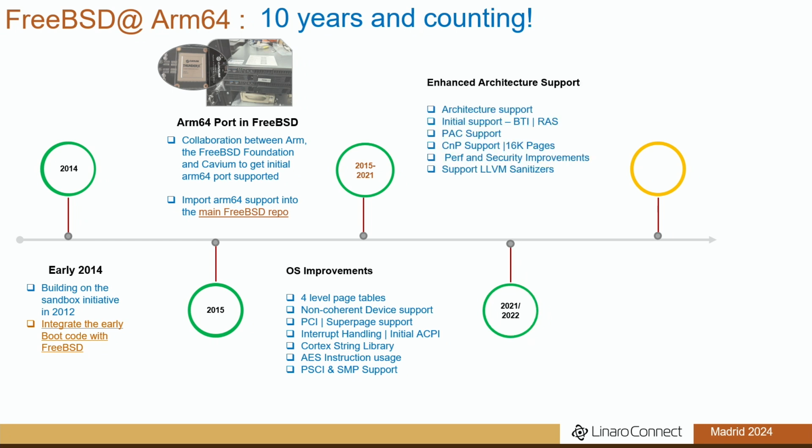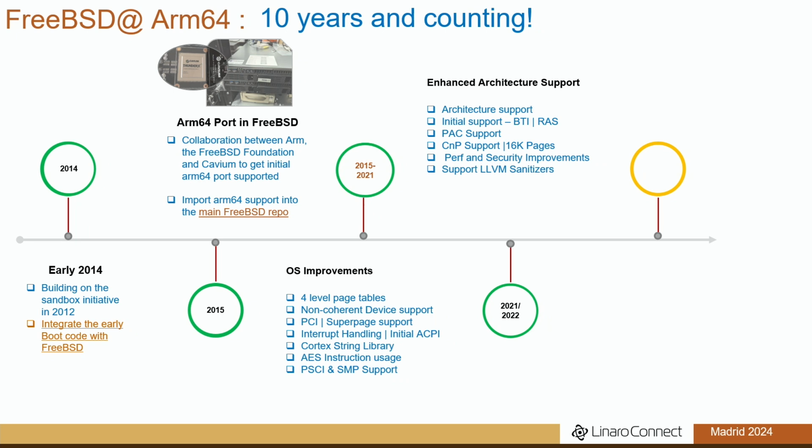With that, in 2021-22, we focused more on enhanced architecture support. So we were looking at beginning feature parity with Linux. And for that, we started with initial enablement around BTI, RAS, pointer authentication, common not private support, 16K page support for improved performance management.